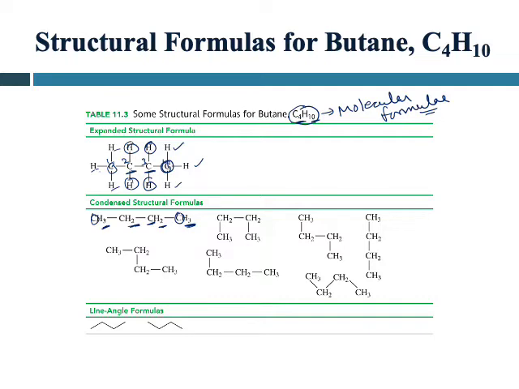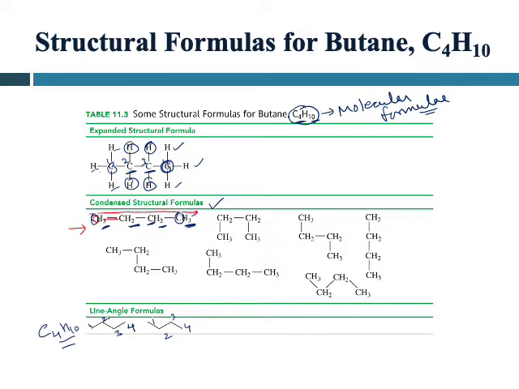And then this is a line angle formula. 1 2 3 4, C4H10, right? So again it's the same, 1 2 3 4. And the important thing over here is that you can make a condensed structural formula as long as you're not breaking any bond. Let's start from this end. If you see this carbon is attached to this, you are making a straight line, right?